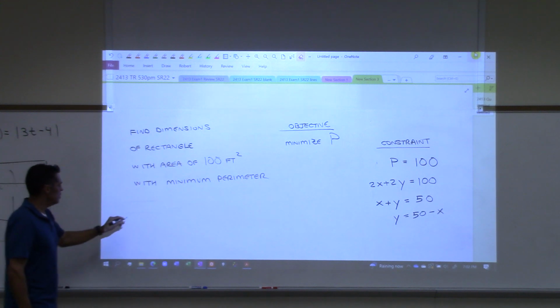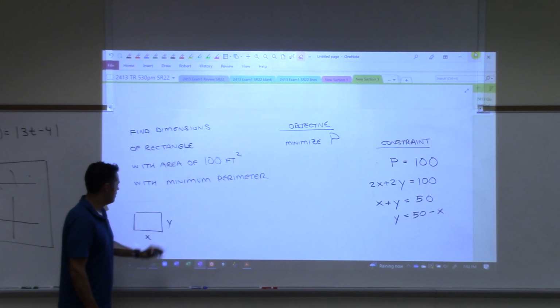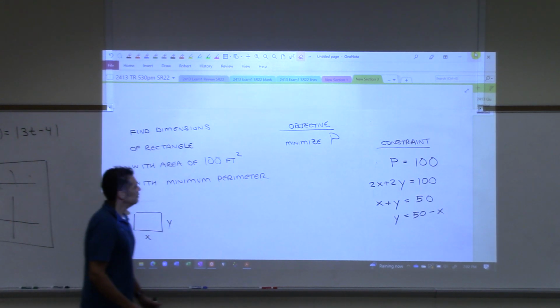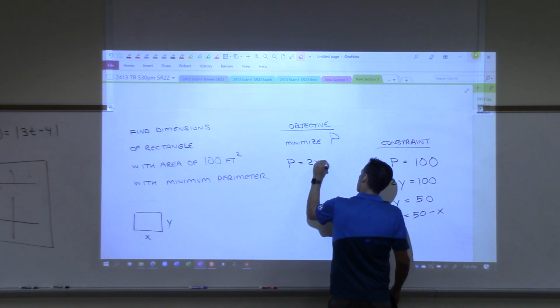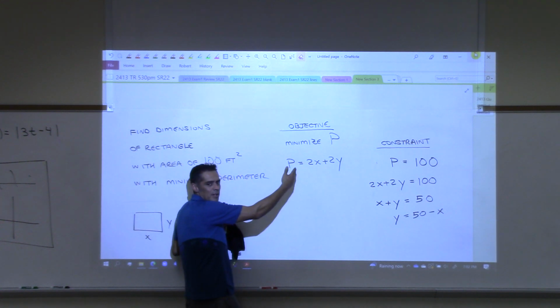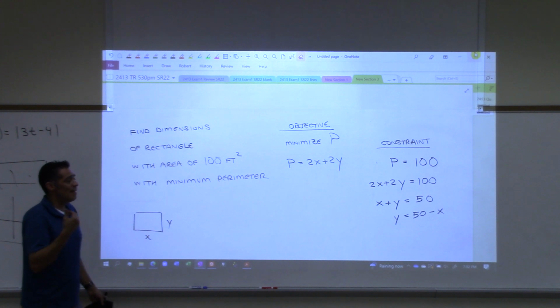Okay, let's draw a picture. x, y. What's the perimeter of this? 2x plus 2y. Right now, we can't do any derivatives because we have two variables, x and y again. But we have a constraint.